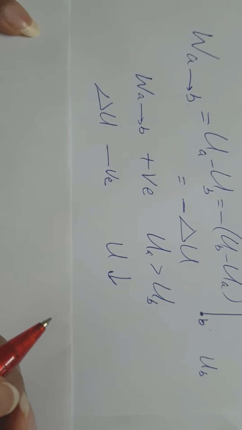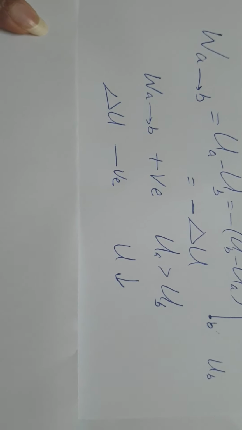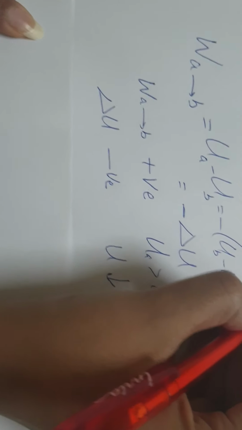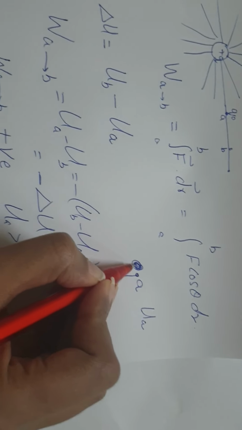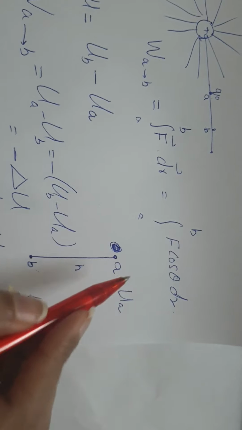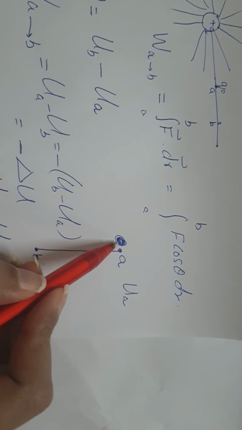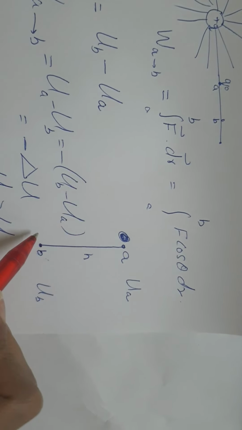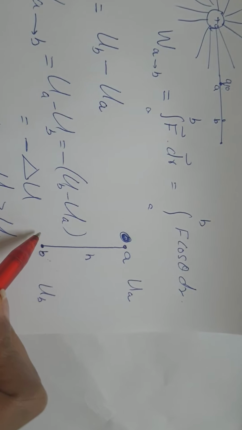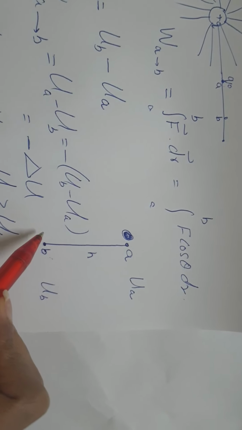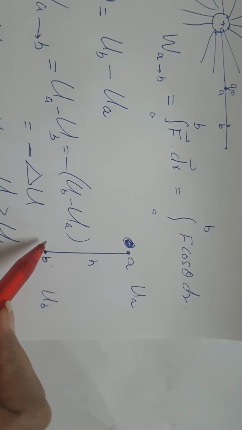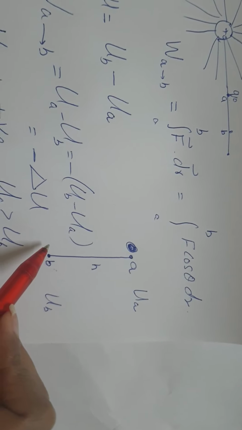This happens when a baseball falls from a high point A to a lower point B under the influence of Earth's gravity: the force of gravity does positive work and the gravitational potential energy decreases.